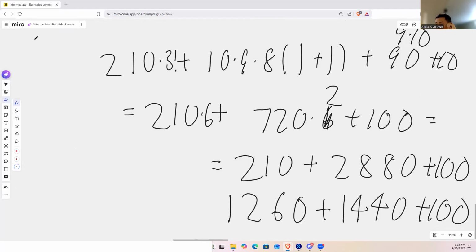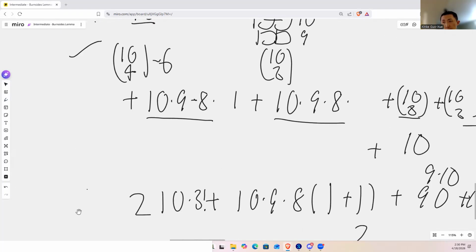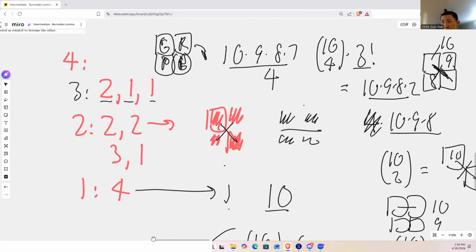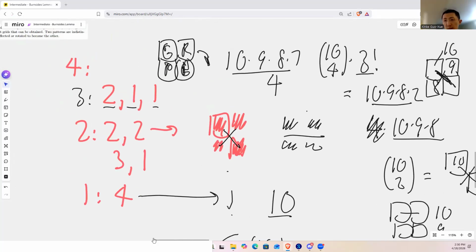Okay, this is still not right. Let's see. There's 10 choose 4 times 3 factorial ways here.